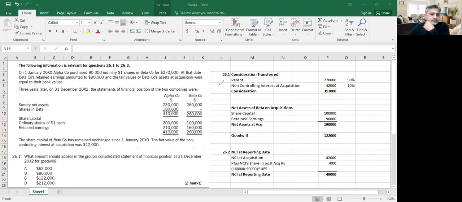Huh? 70. No, we cannot say. We cannot say because what we can see is retained earning, which is leftover. We know that we have leftover of 70K, but we don't know how much we gave in dividends because we also gave dividends during these years.